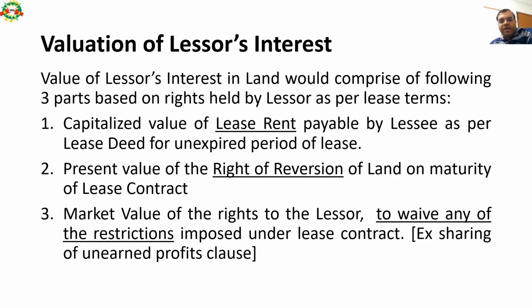A lessor gives a land to a lessee on a certain premium, say for 99 years, and stipulates a condition: if the lessee further sells out, sublets or subleases, or further transfers the land to somebody else, then part of the extra amount which the lessee gets from the sublessee will be transferred to the original lessor, the head lessor. We'll try to understand this concept with the help of an example in subsequent sessions also.